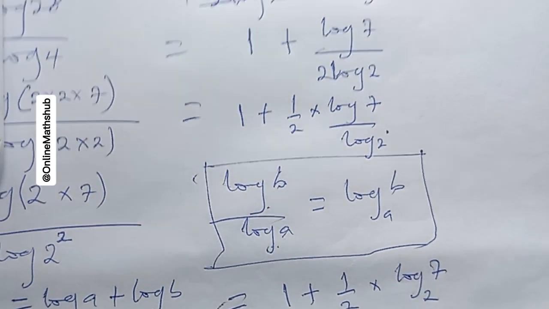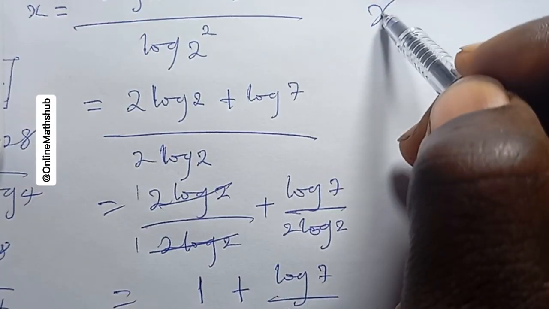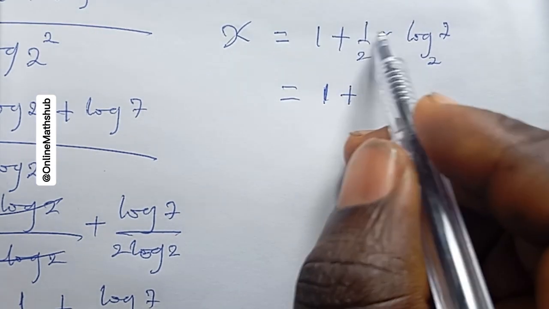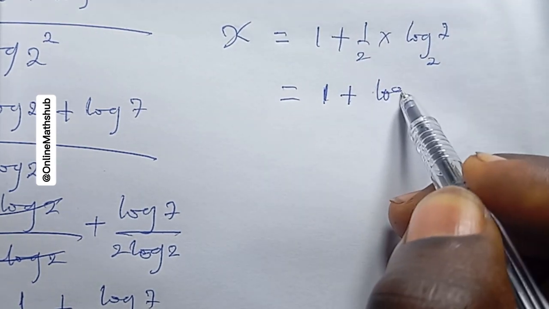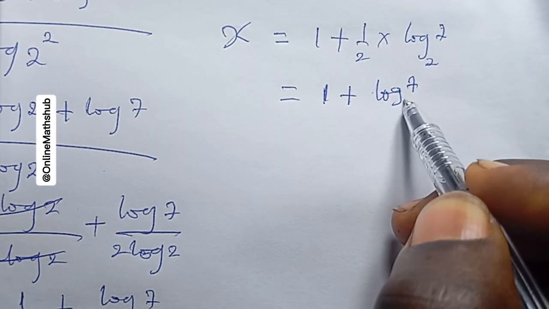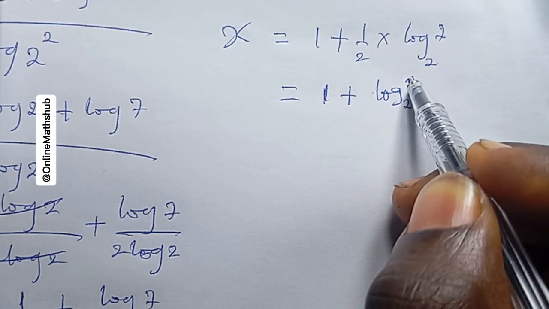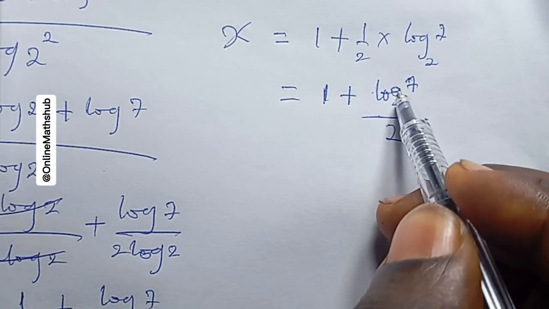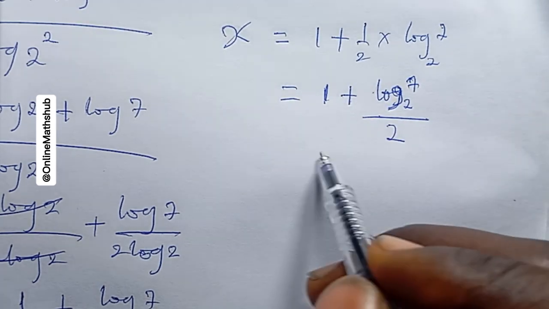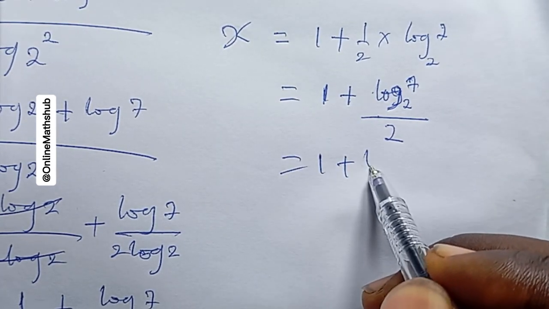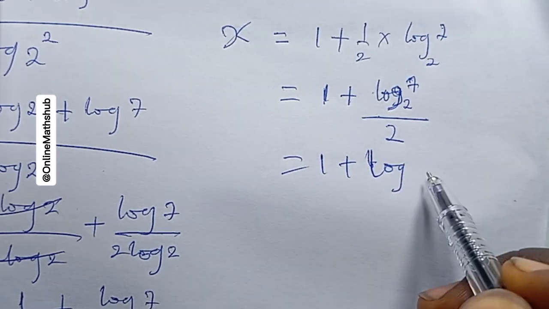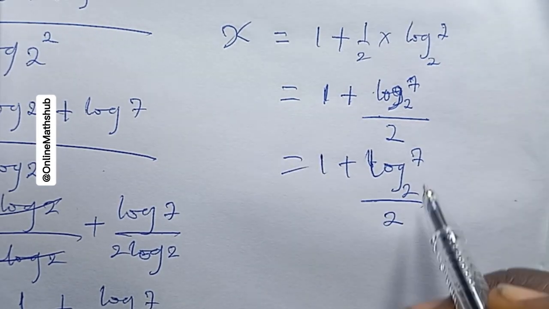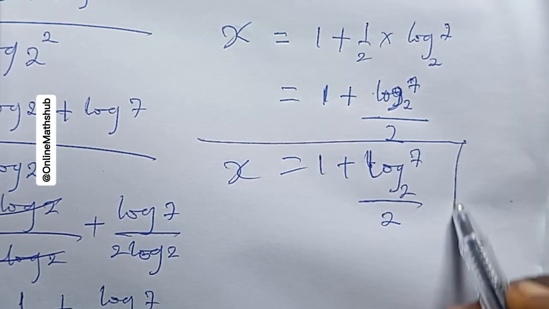So that eventually x will be equal to 1 plus log 7 base 2, divided by 2, and this of course is going to be the solution to x. So this is the value of x.